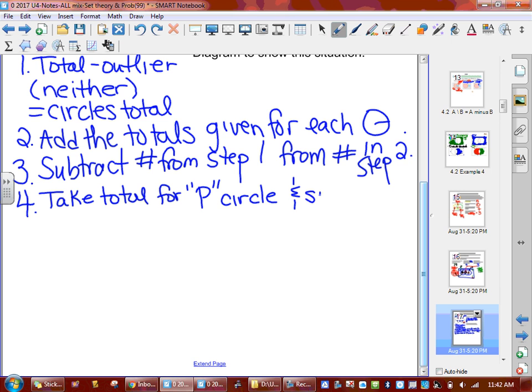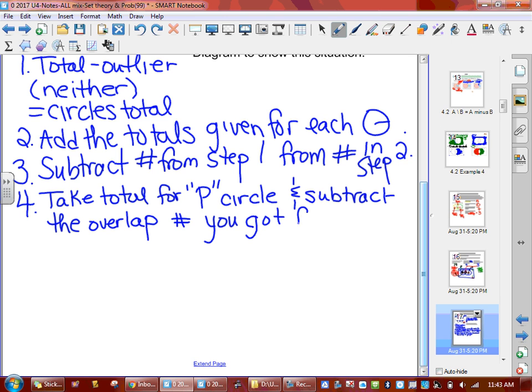Number you got from step 3. And in step 3, this gives you the overlap. This gives overlap number.